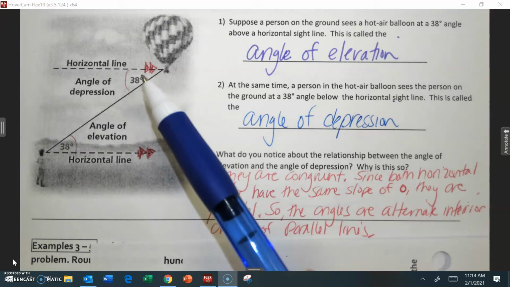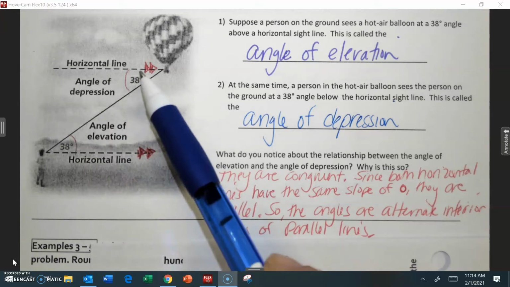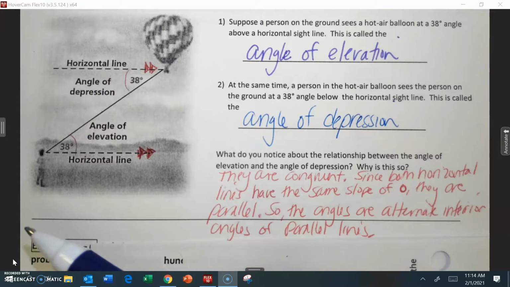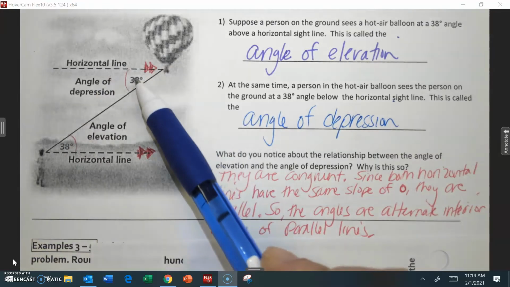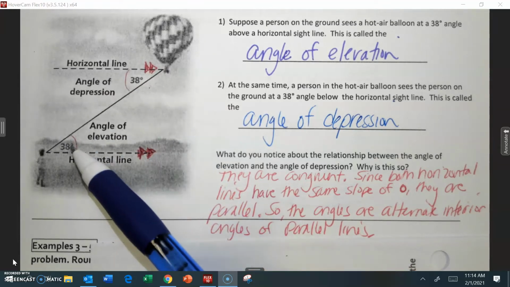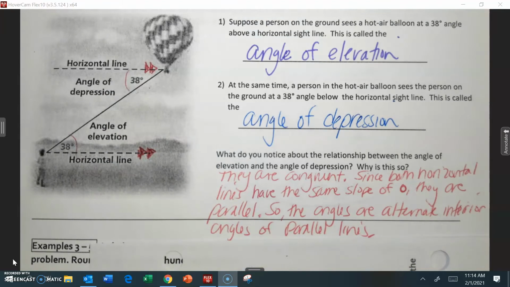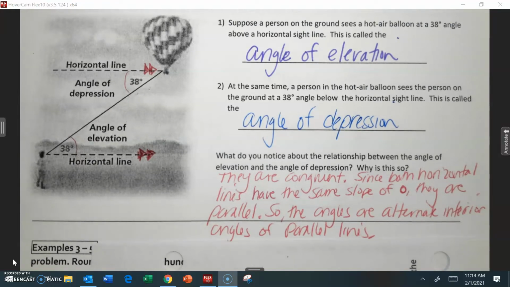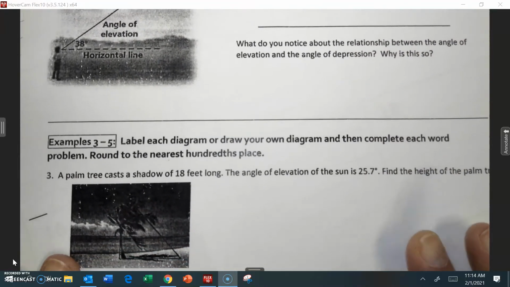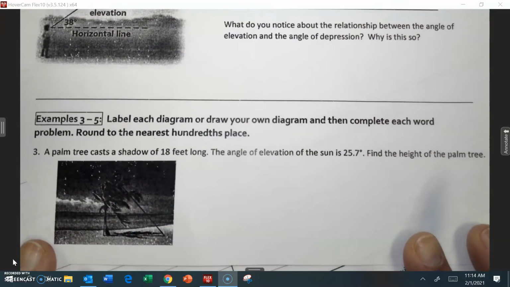Because those are parallel, these are called alternate interior angles, and they're congruent because those lines are parallel. So if someone gives you an angle of depression, but not the angle of elevation, you now know that it would be 38 because they are congruent. Okay? So that's really just the background and the definitions. So we're only going to do 3 short examples, and I know I got one of these done in class, but just to make sure that you're good to go.